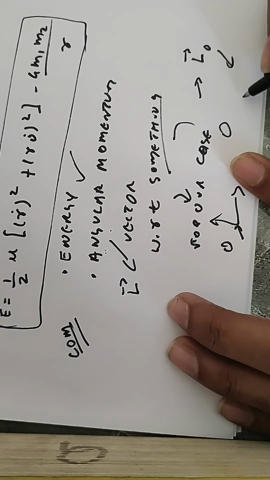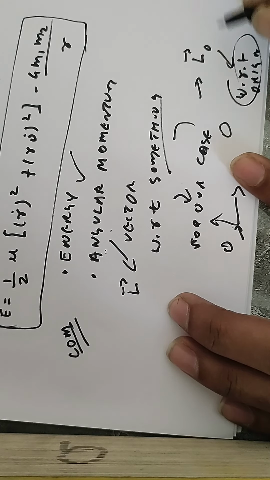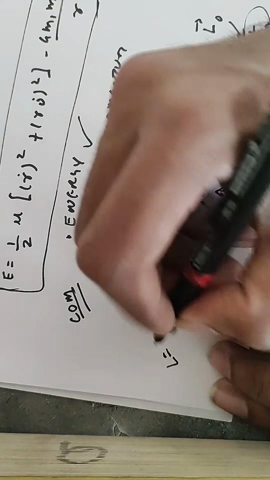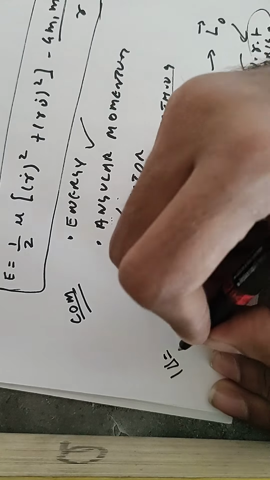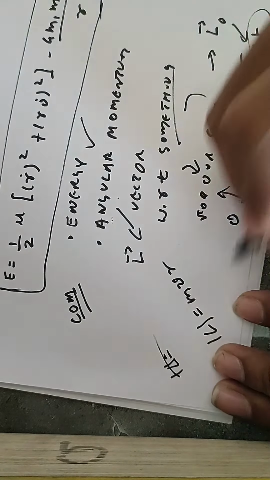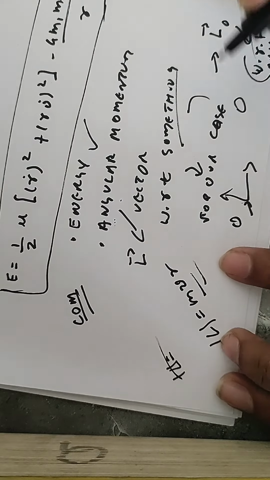This O here represents with respect to origin. Alright, just remember this. So how do we write angular momentum? A basic definition is that the magnitude of angular momentum is mvr, right? That's the basic definition of angular momentum.